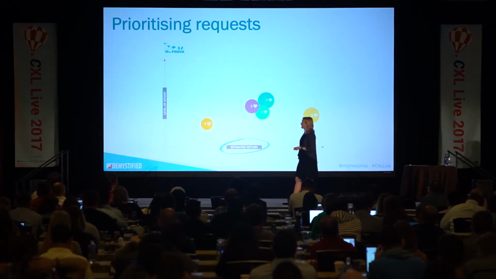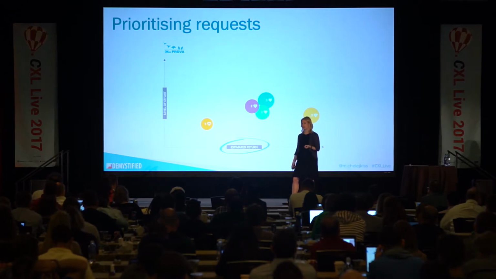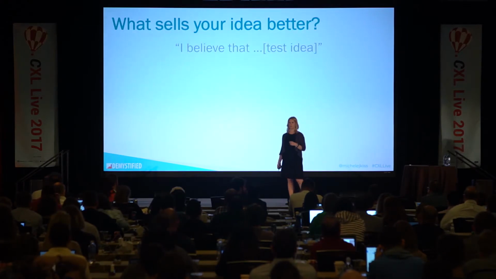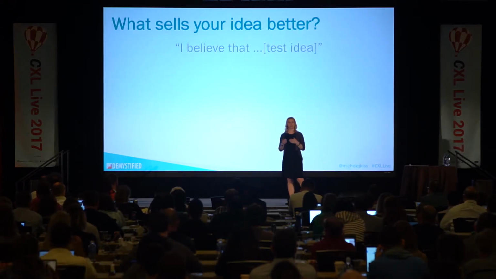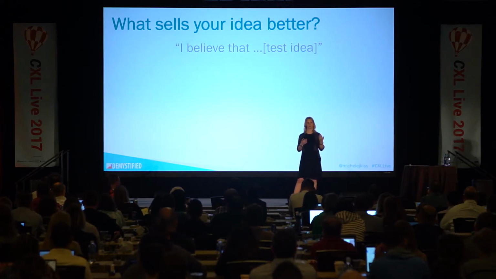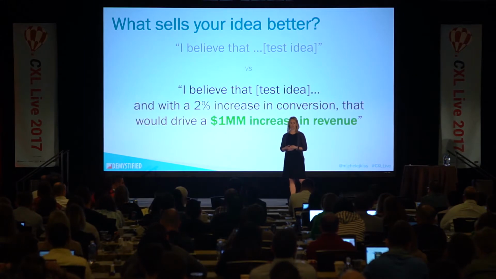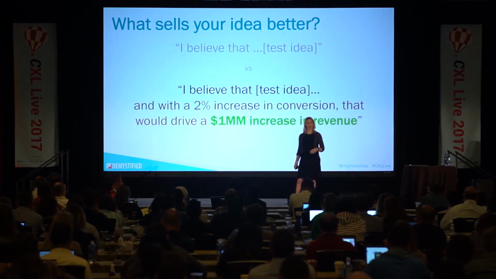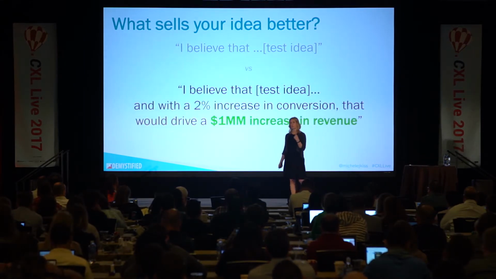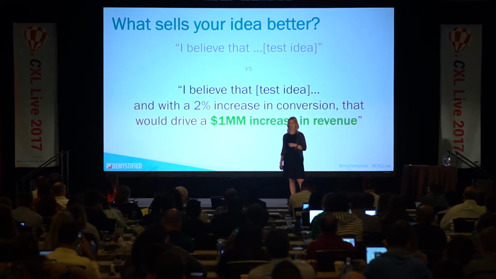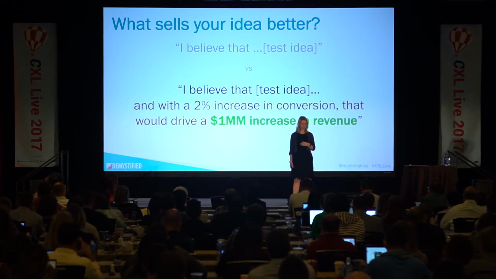However, in my experience, you can better sell your test idea if rather than just saying, well, I believe that having videos present on our product pages could increase our conversion to cart, you're able to actually say, I believe that if we were able to generate a 2% increase in conversion, that would be $1 million in revenue. Funnily enough, executives really like dollar signs.